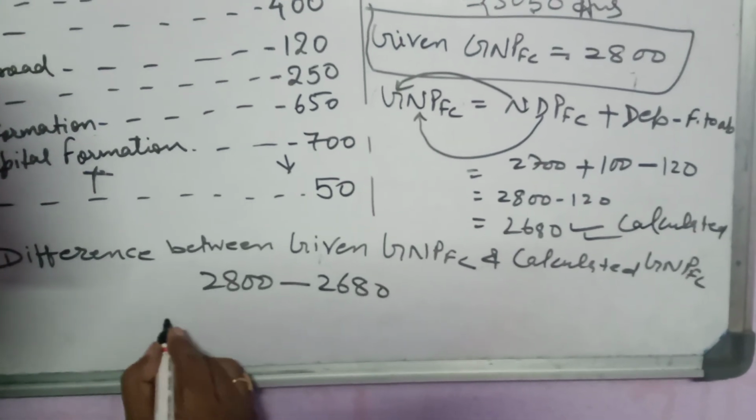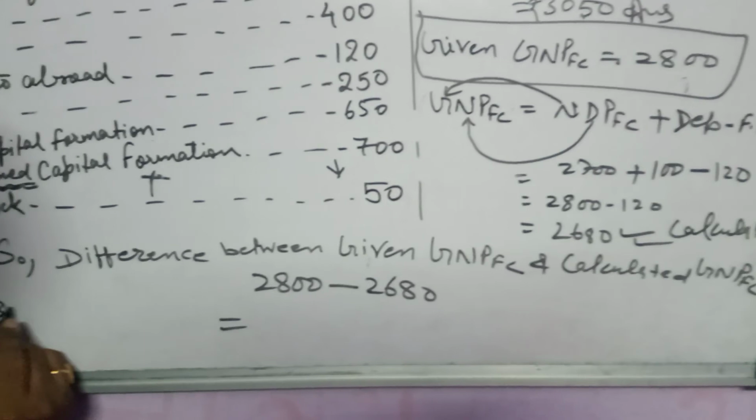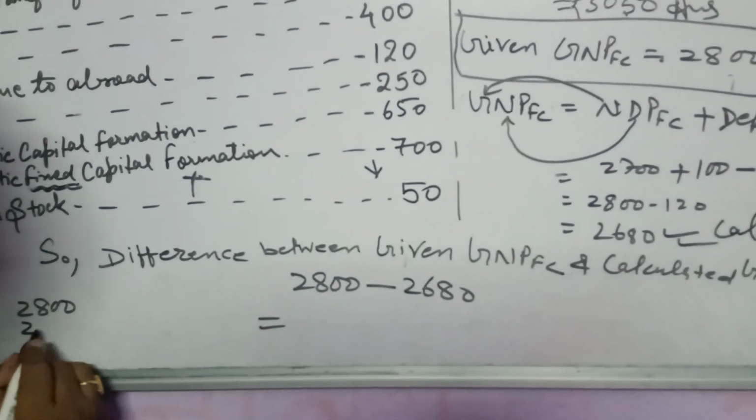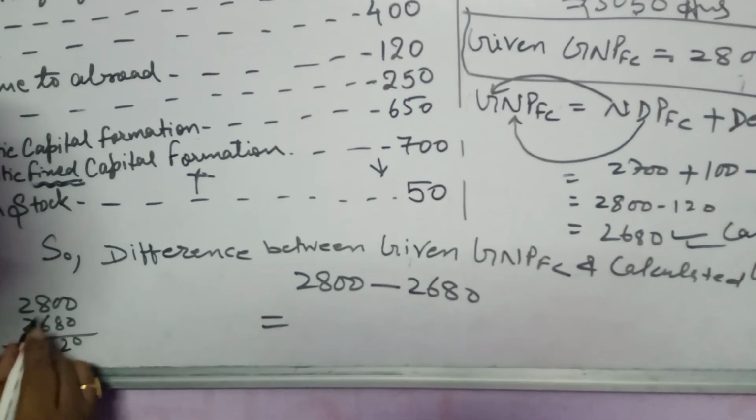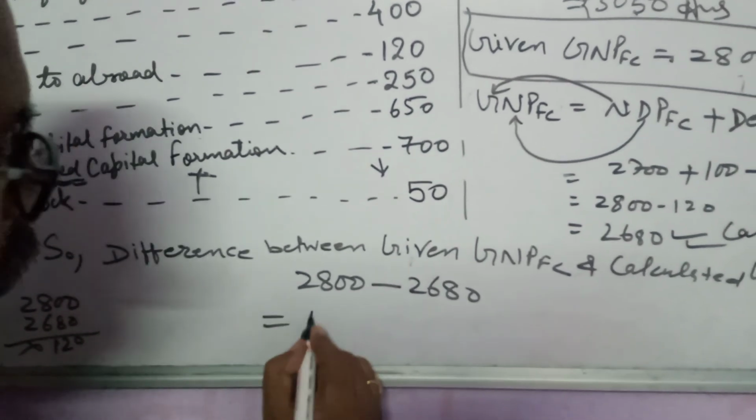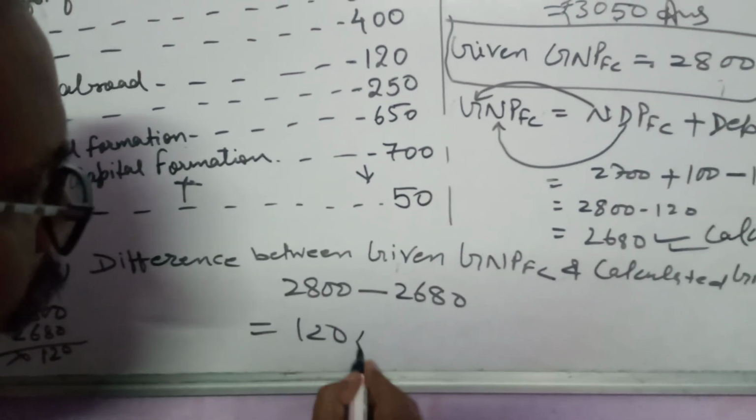So what will be the answer? 2800 minus 2680 is equal to 120. That is 120 rupees.